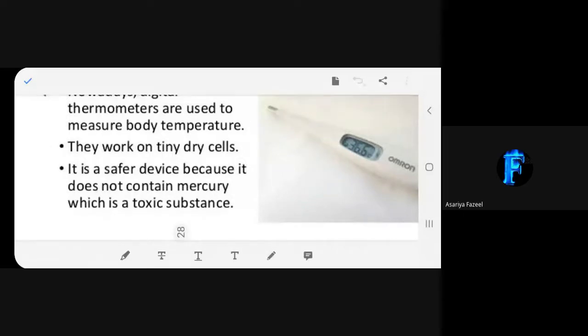It is a safer device. Please continue. It is a safer device because it does not contain mercury, which is a toxic substance.